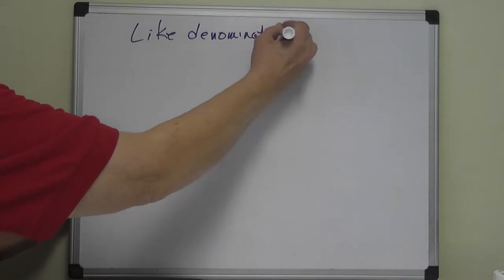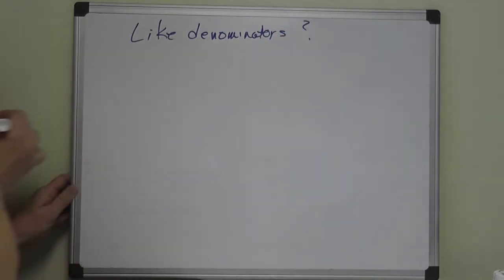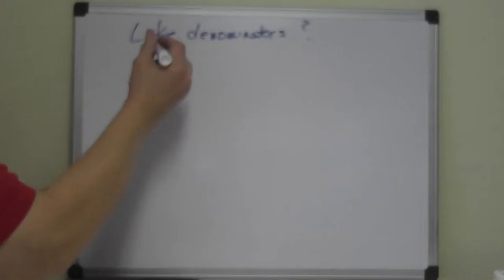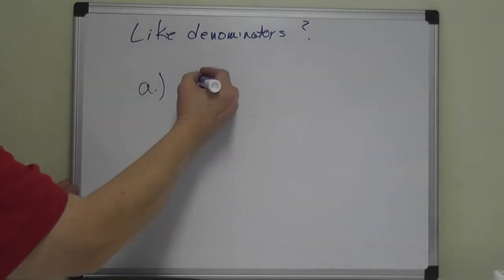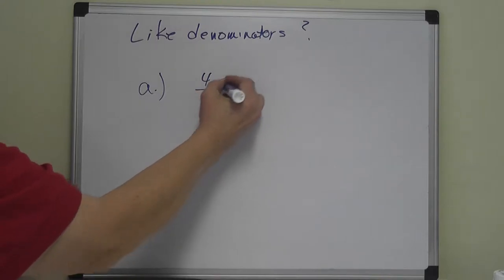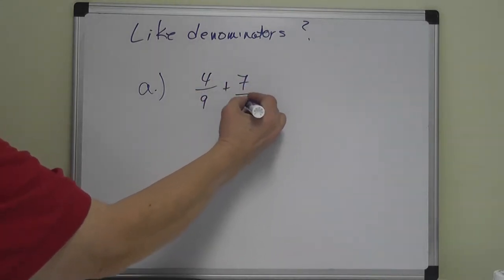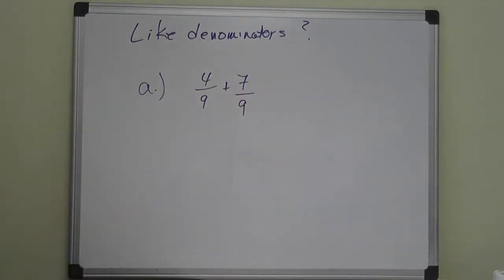How do we add or subtract fractions that have like denominators? You keep the denominator and you add the numerators. If we have 4/9 plus 7/9, same denominator, so we're going to add the numerators, and we have 11/9.